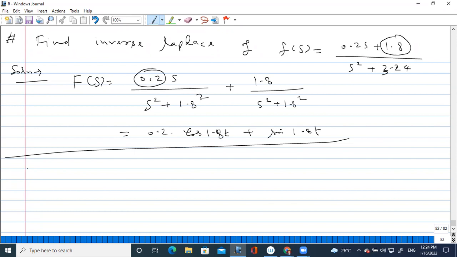Okay, now one more variety of question you will see. Suppose find the inverse Laplace transform of F(s) equal to this. I am giving you a simpler one, you can practice with that.